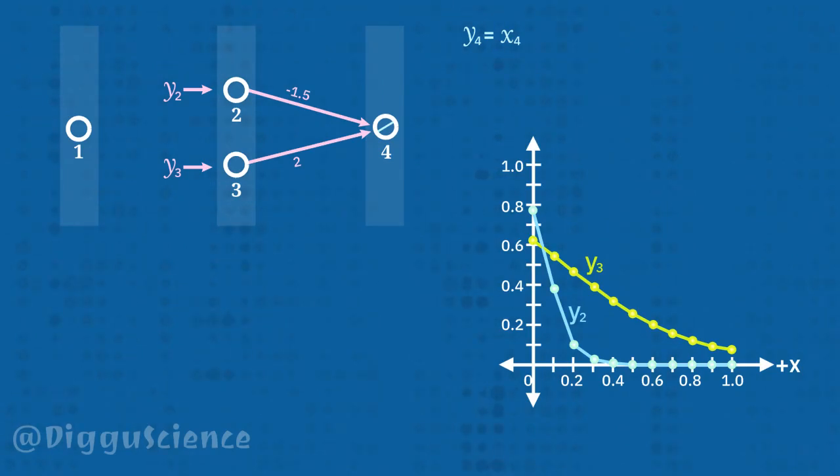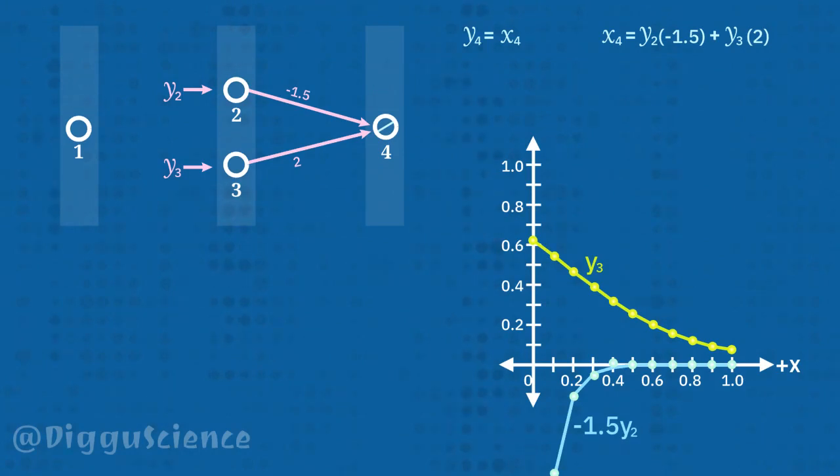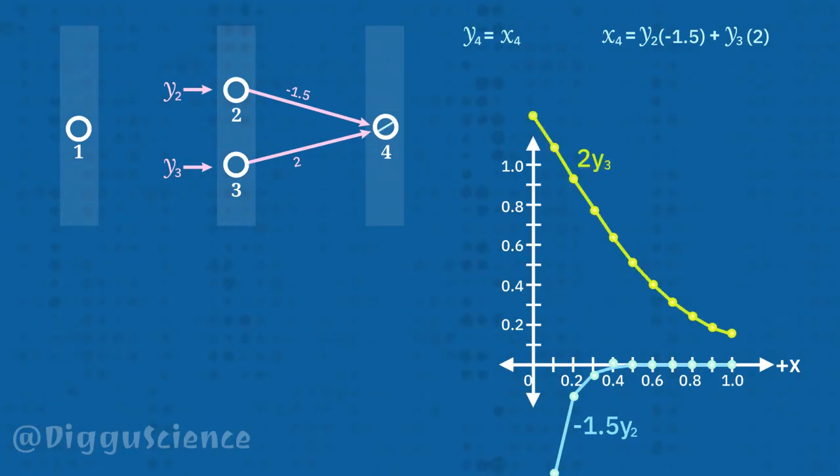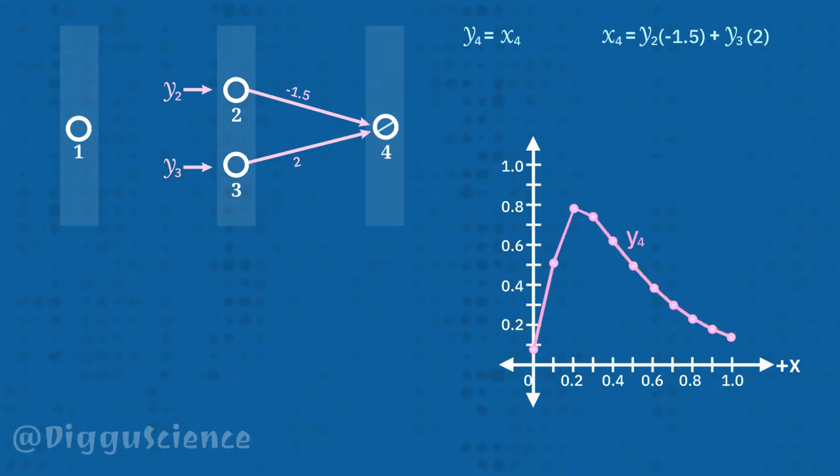Meanwhile, the input value itself can be calculated through the equation x4 is equal to y2 times -1.5 plus y3 times 2. What does that mean? Multiply the y2 curve value by -1.5 and multiply the y3 curve value by 2. Then add the curves. This is the curve of y4.